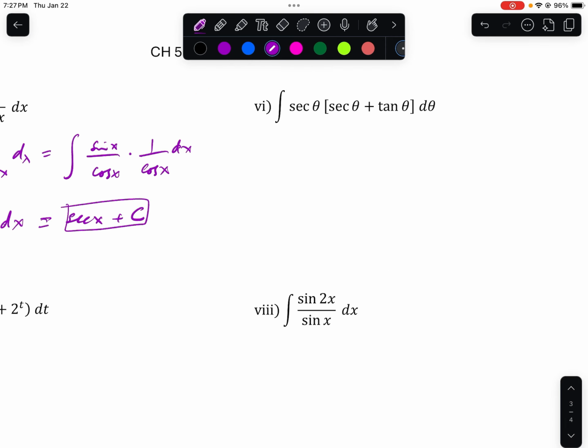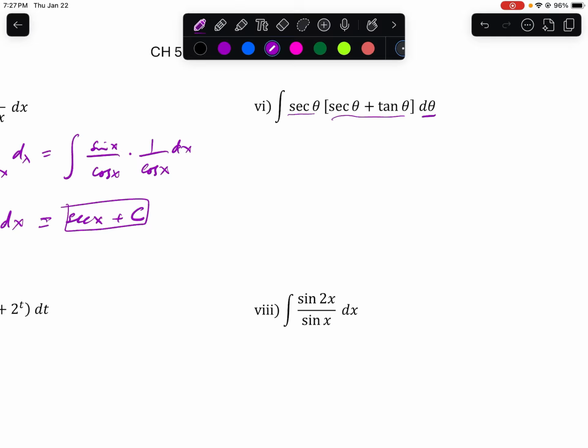Next one is something else. This looks like a product of secant x and this expression. Now, sorry, I have changed the variable here. So we can have different variables. The important thing is that the d of it should have the d of that variable that is in your integrand.